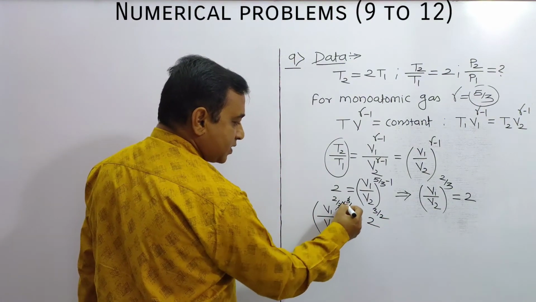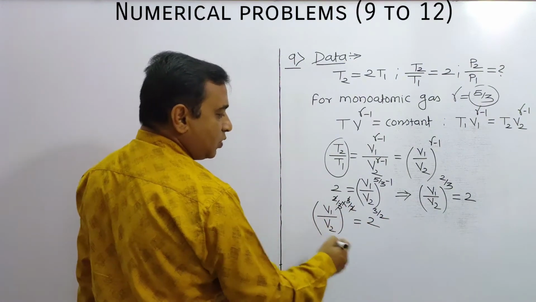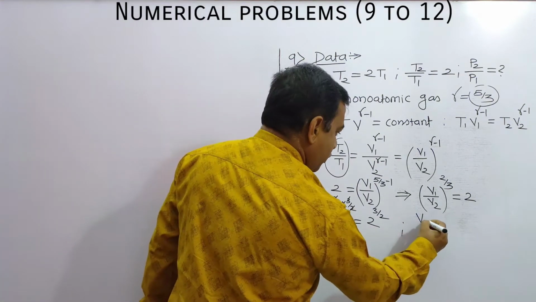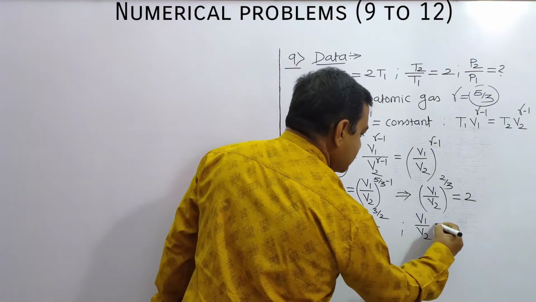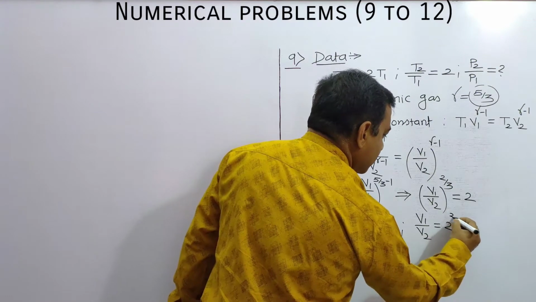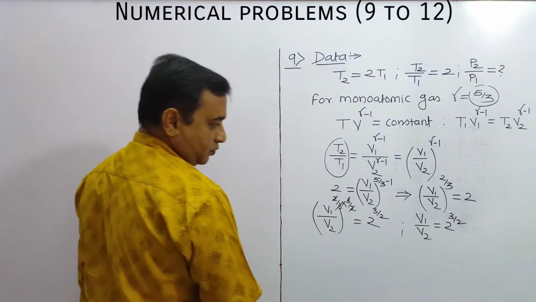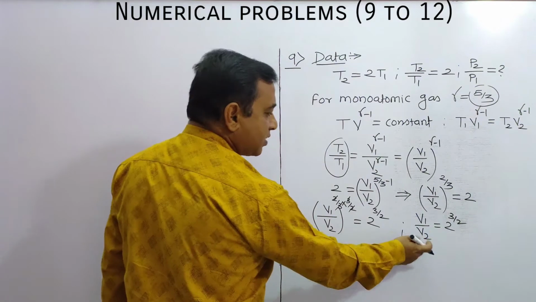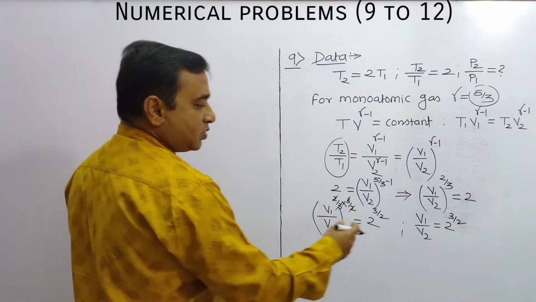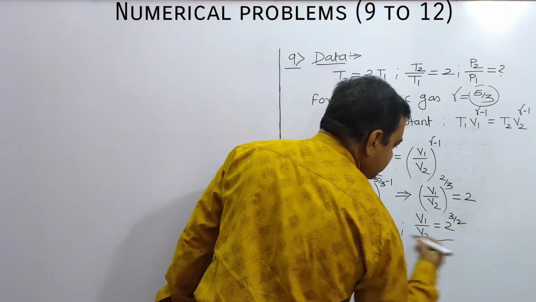So this 3 cancels with this 3, this 2 cancels with this 2. The only remaining factor is V1 upon V2 is equal to 2 raised to power 3 by 2. So need to consider this equation in the further equation. This is the one step we got.